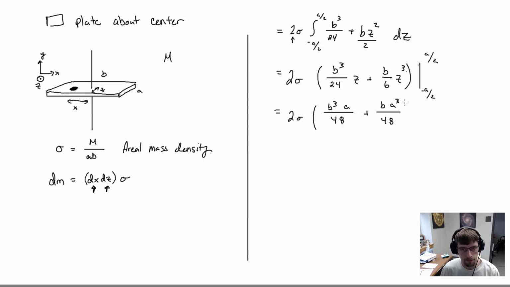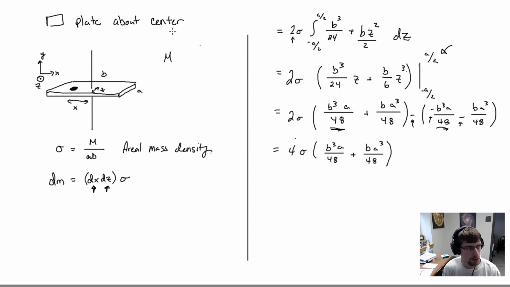That's evaluating at the upper limit. And again, if I write this, I'll get b cubed a over 48 minus b a cubed over 48. And again, I've got a minus, minus, minus, so these would be pluses. So I've got 1 b cubed a over 48, 2 b cubed a over 48.